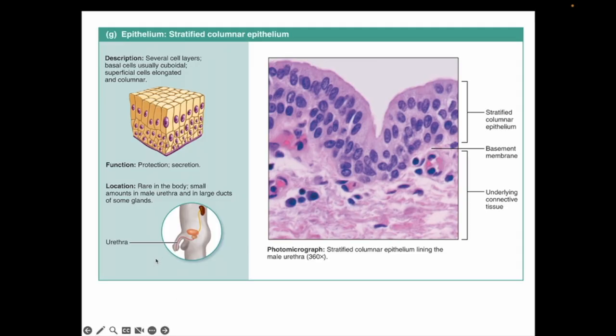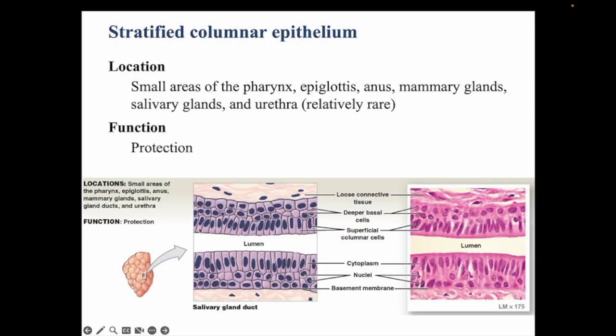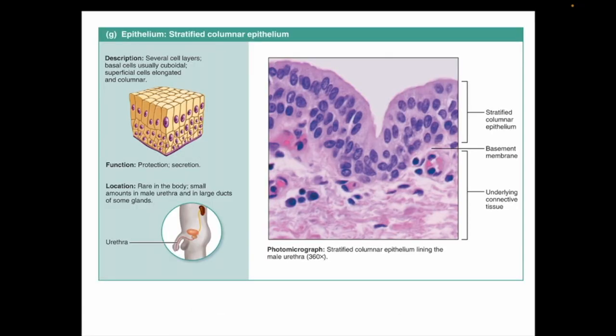So, for example, you think about the urethra, but you see the different types of slides. Say it's small areas in the pharynx, meaning that you don't find it all over. And here the different textbook even says that it is in the urethra and not much more.